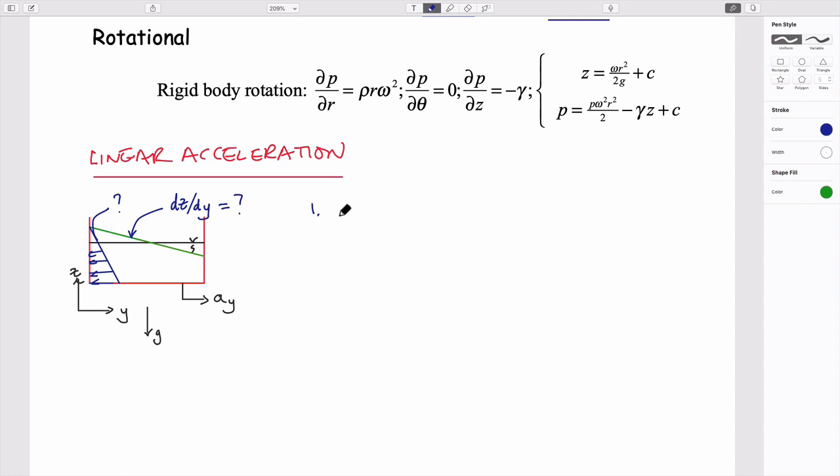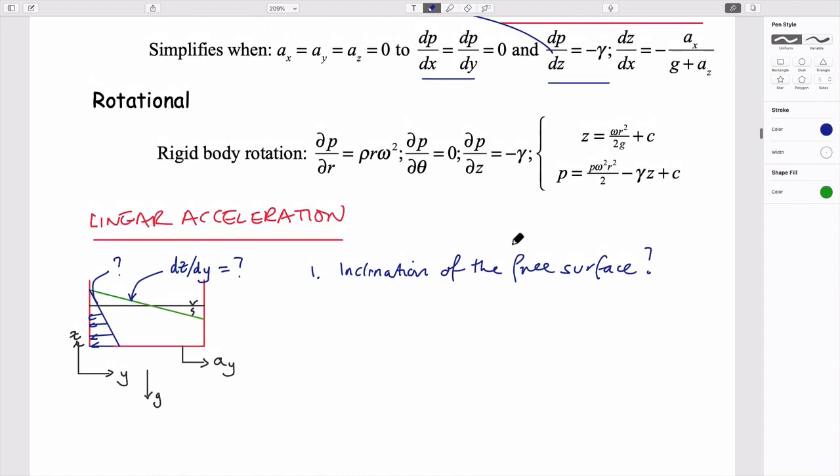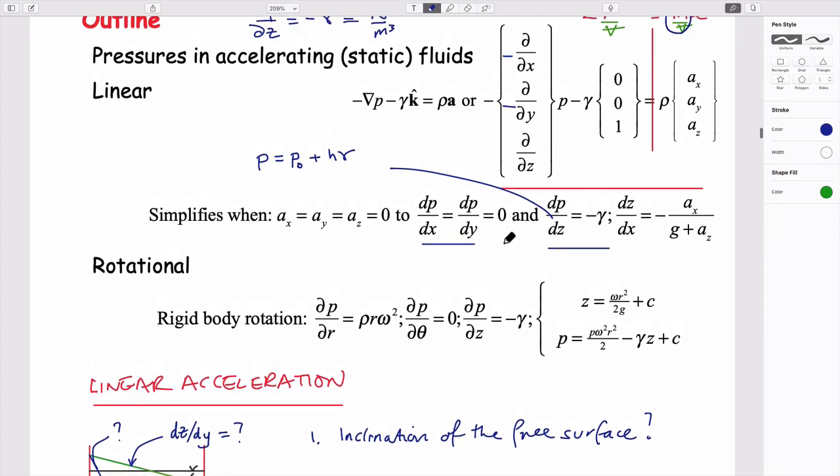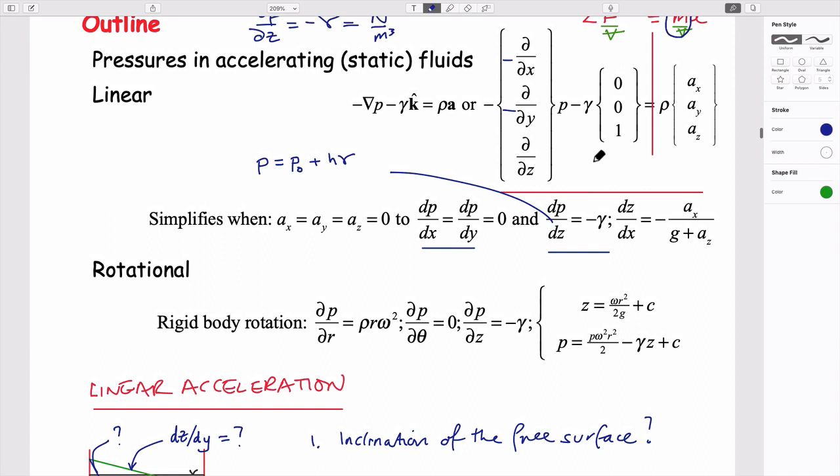So the first is the inclination of the free surface. What is it? What we could do is go back to these expressions and remind ourselves of them. Now we're going to allow these to be non-zero.